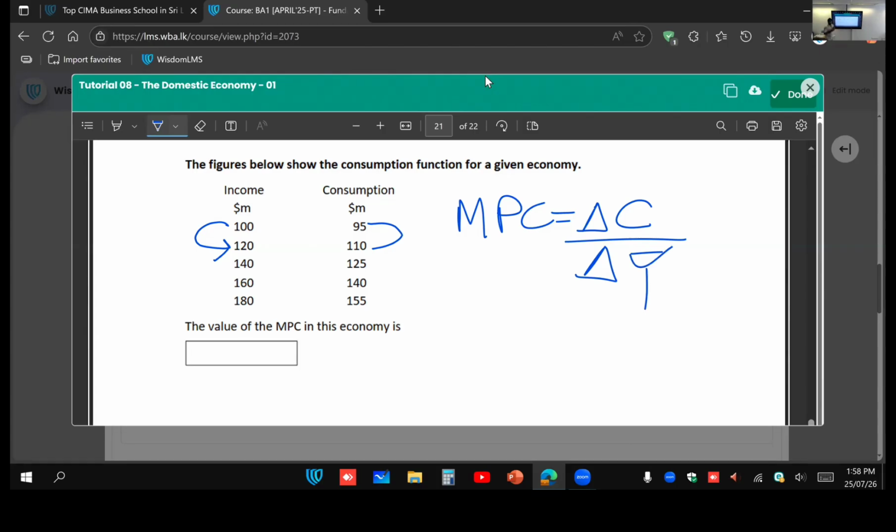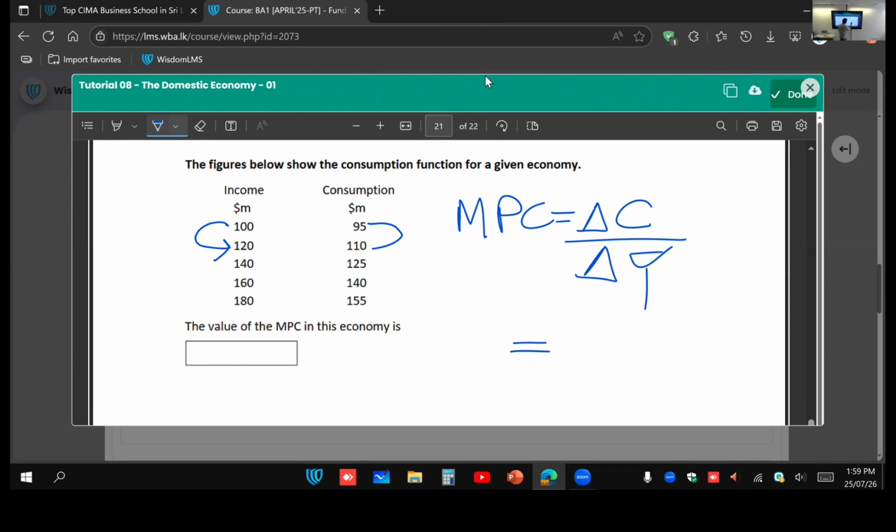So here, look: income went from 100 to 120. Given all the information, don't go and look for everything, you just need the percentage change. Income changed from 100 to 120, and consumption changed from 95 to 110.